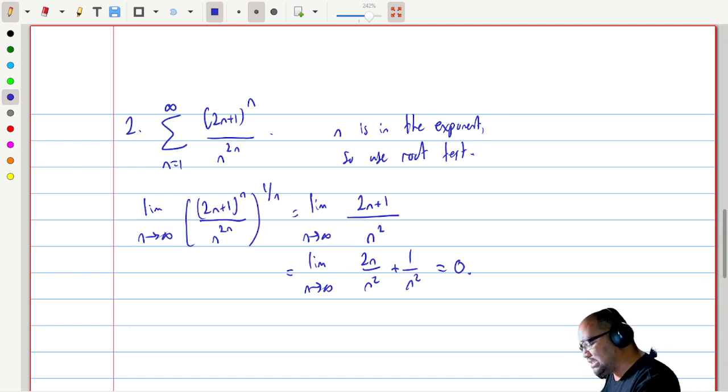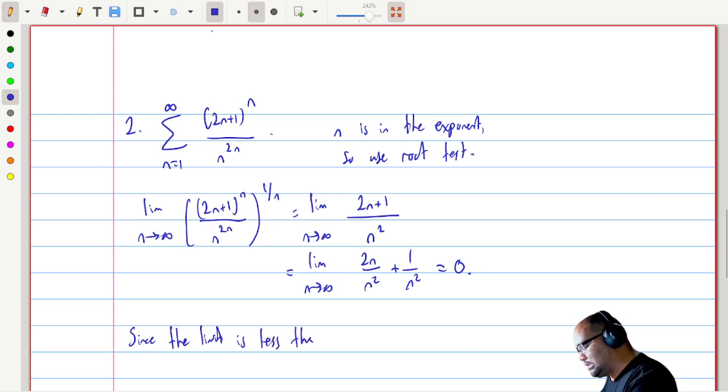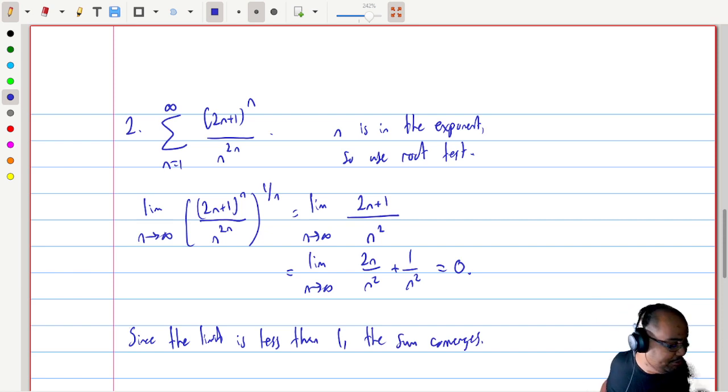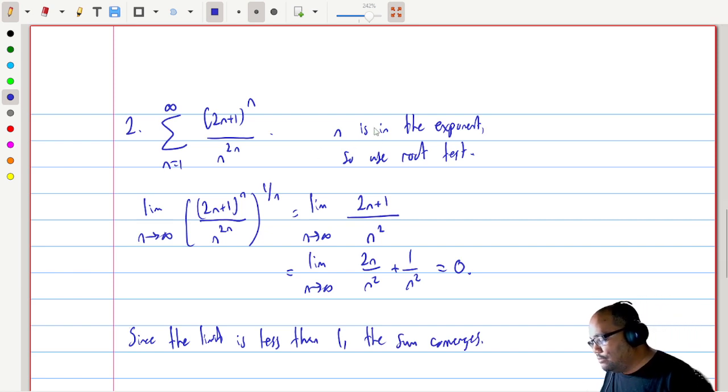So because this limit is 0, so since the limit is less than 1, the sum converges by the root test. That's how you use the root test. Very simple.